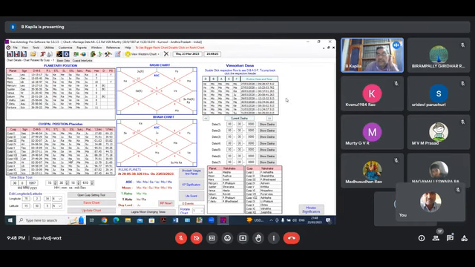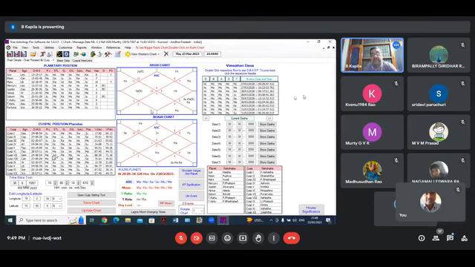I'll also have to look at the star lord and sub lord positions. If any of these planets is in the star or the sub of these planets, then they can also act as Sukshma Lord or Prana Lord, provided they satisfy the necessary condition of linking to 5, 7 and 11.